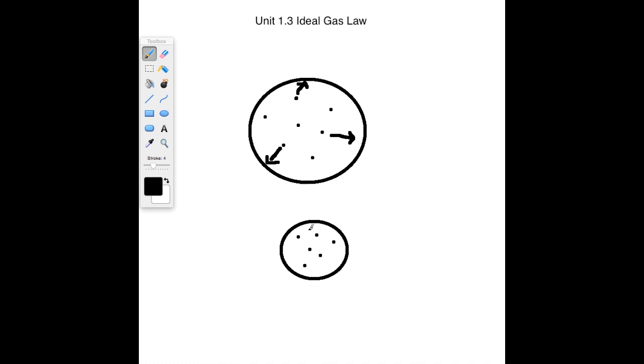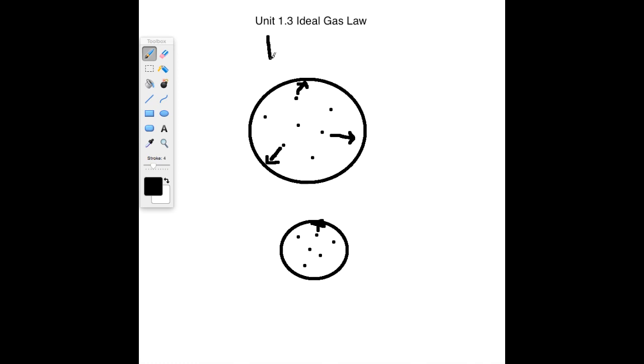If you can imagine people in a big area being condensed now into a smaller area, there's more pressure now in there, right? They don't want to be close together. They're trying to push outwards, and so their pressure increases.